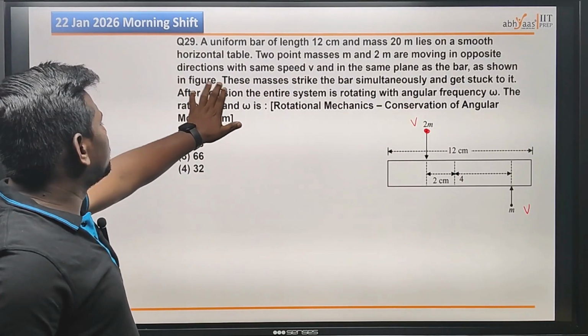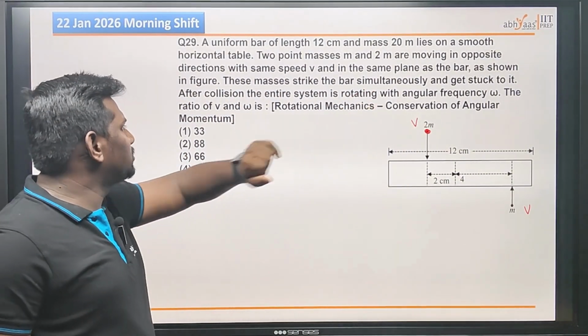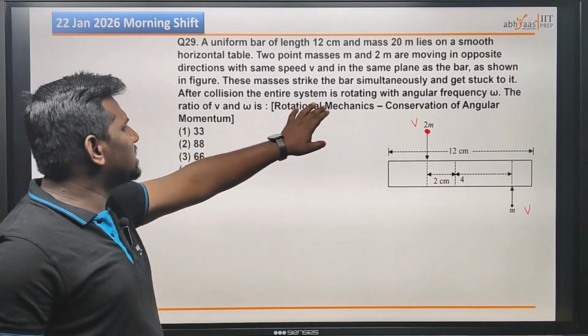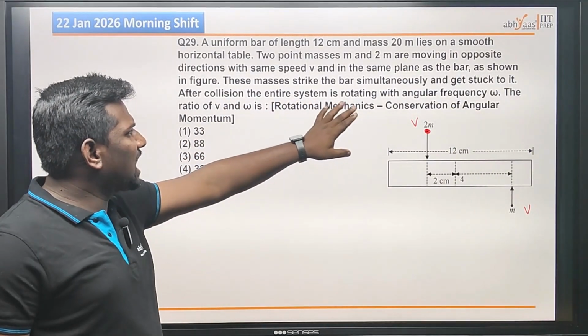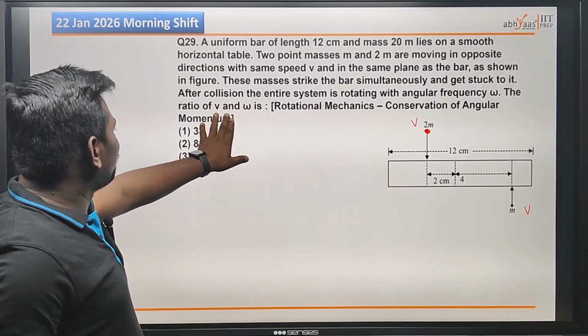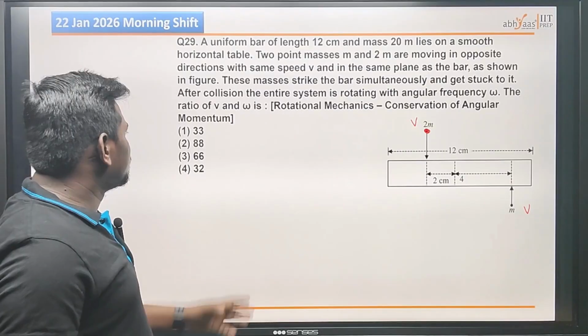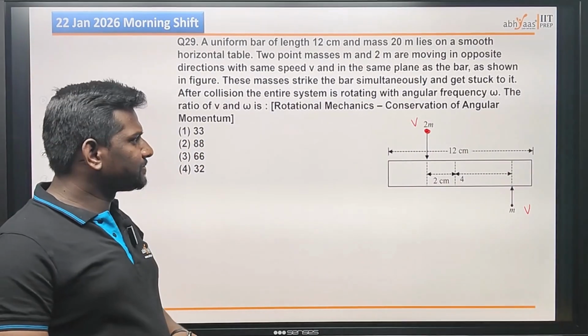As shown in the figure, these masses strike the bar simultaneously and get stuck to it. After collision, the entire system rotates with angular frequency omega. They are asking the ratio v by omega.